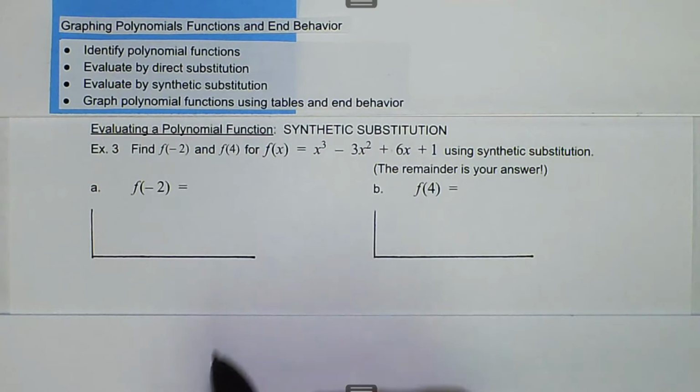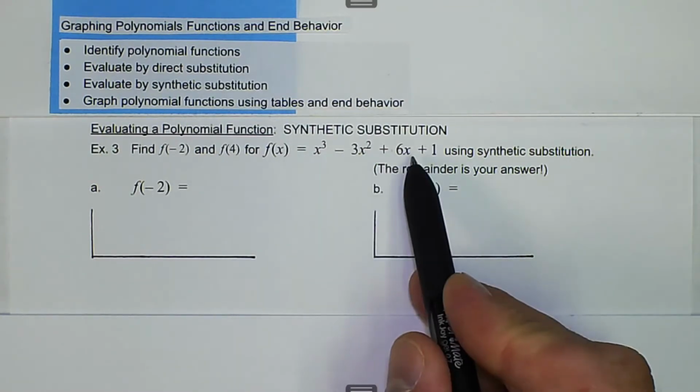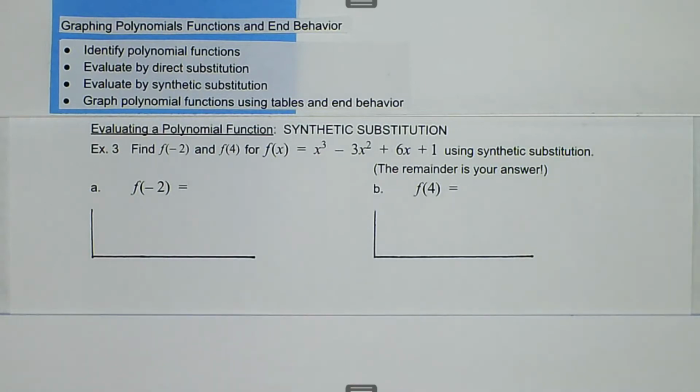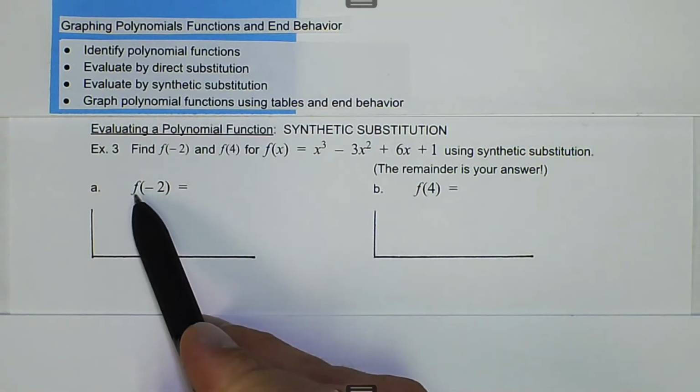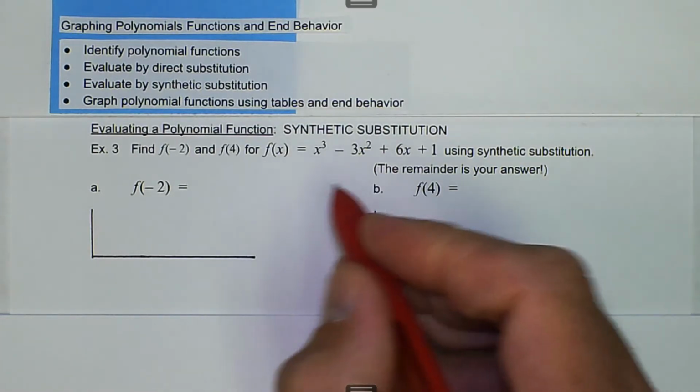So the first thing I want to do is rewrite this function over here, but I want to really focus on what the coefficients are. We're going to evaluate the function f at -2, and I'm going to highlight what the exponents are.